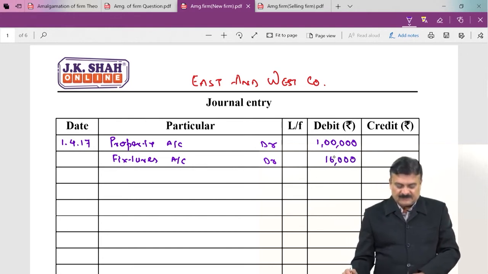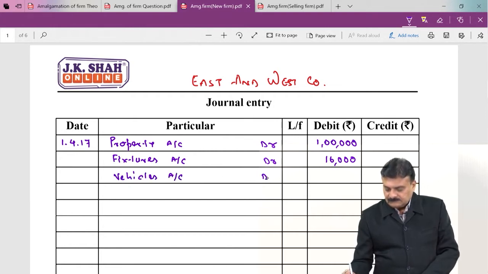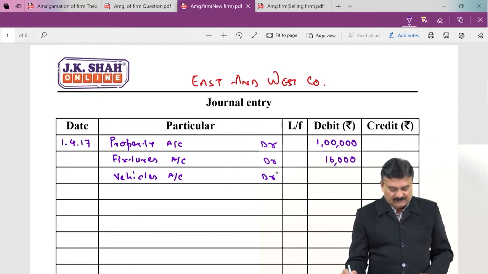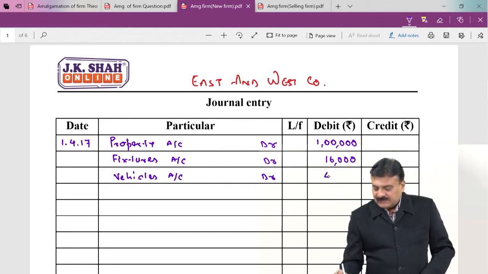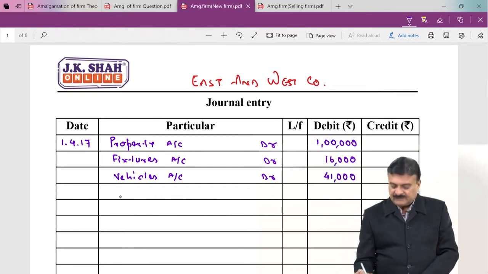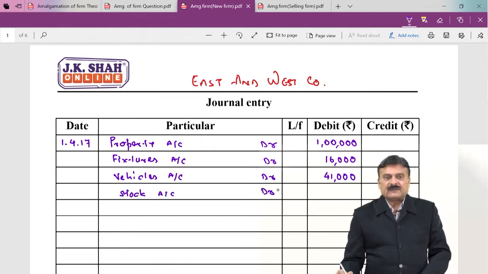Next, after fixtures, vehicles account debit. Look at the table. Vehicles of both firms are taken over, 28,000 plus 13,000. So vehicles are 41,000. Next is stock. So stock account debit.